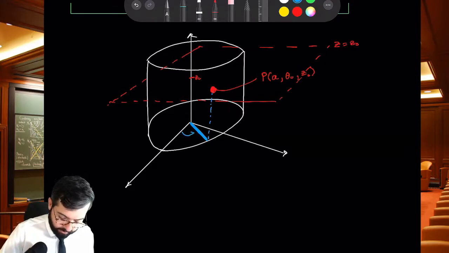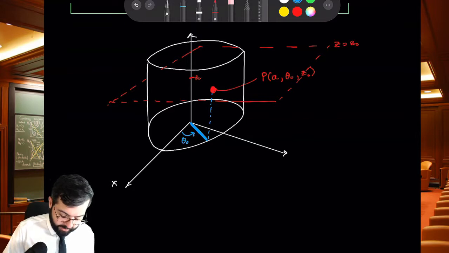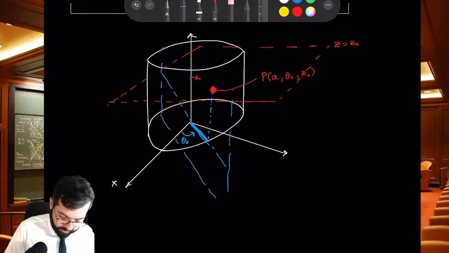This angle that's turned from the positive x-axis to this point, that's theta naught. And what that actually does is it forms a plane parallel to the z-axis.